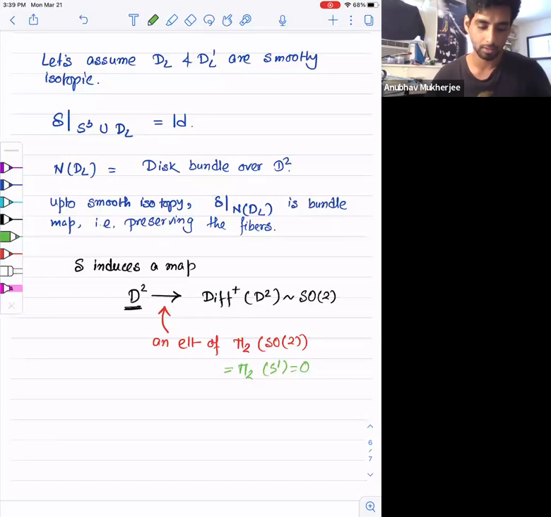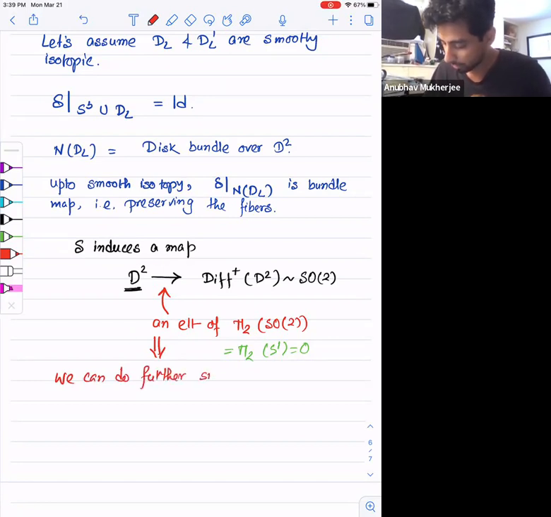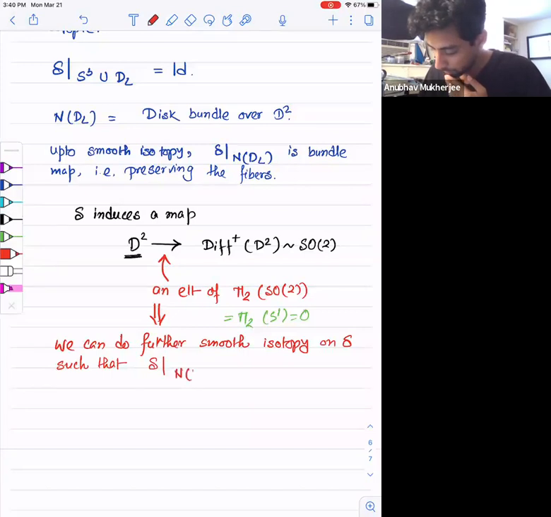What does that mean? That means we can do further smooth isotopy on delta such that delta restricted on a neighborhood of DL is now the identity.